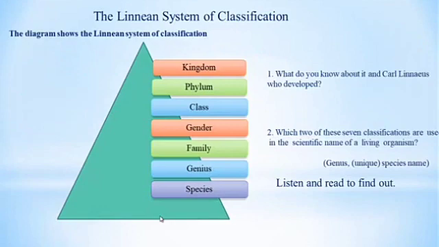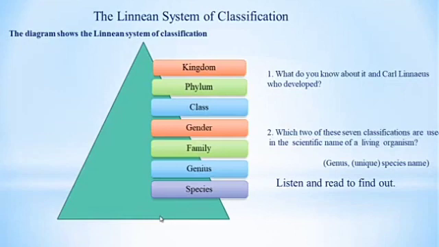Before reading the text, I'd like you to pay attention to the linear system of classification, and there is a diagram given. Linnaeus changed the way organisms were classified using their class, order, genus, and species, which came to be known as the linear system. This diagram shows the linear system of classification, and the highest level of this system is kingdom.